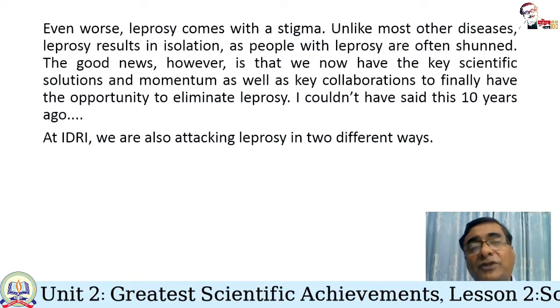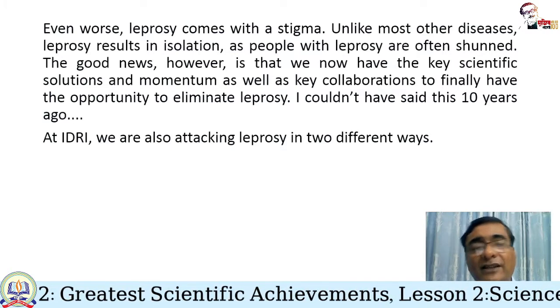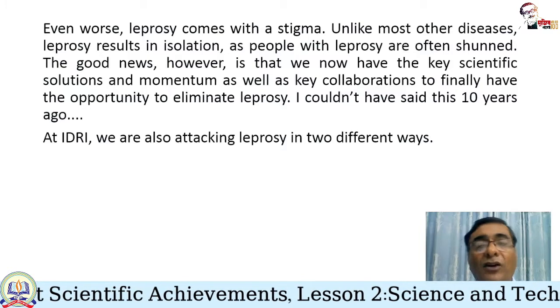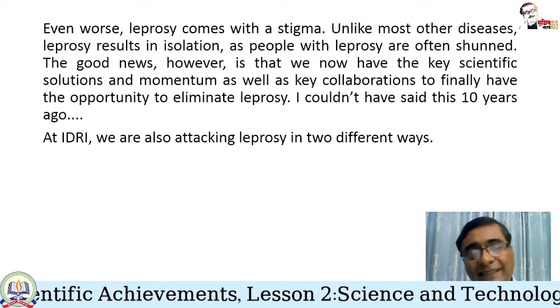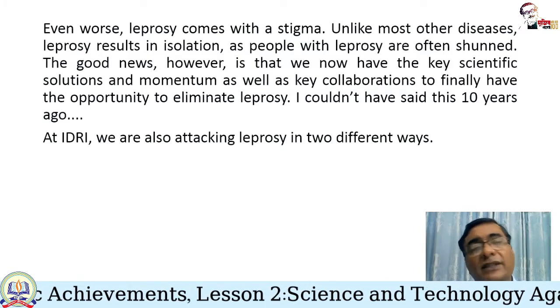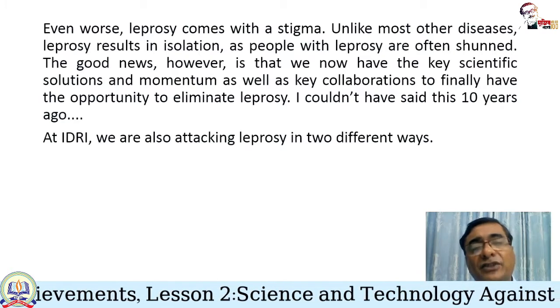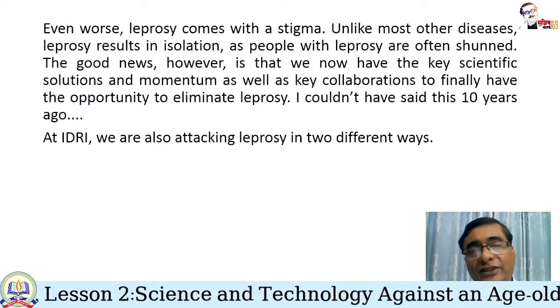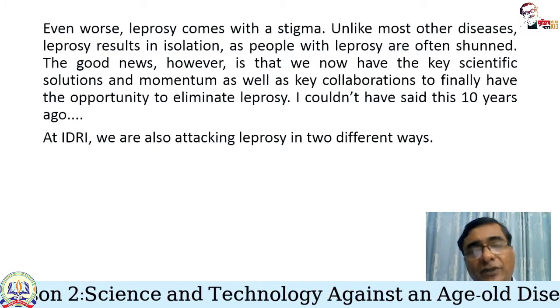The word comes with a stigma, a phrase that is directly connected with leprosy. Unlike most other diseases, leprosy results in isolation. Another phrase, results in isolation, is also directly related to leprosy.